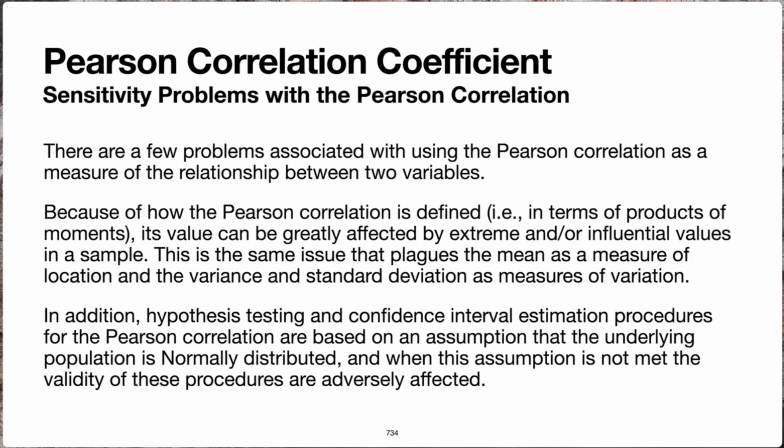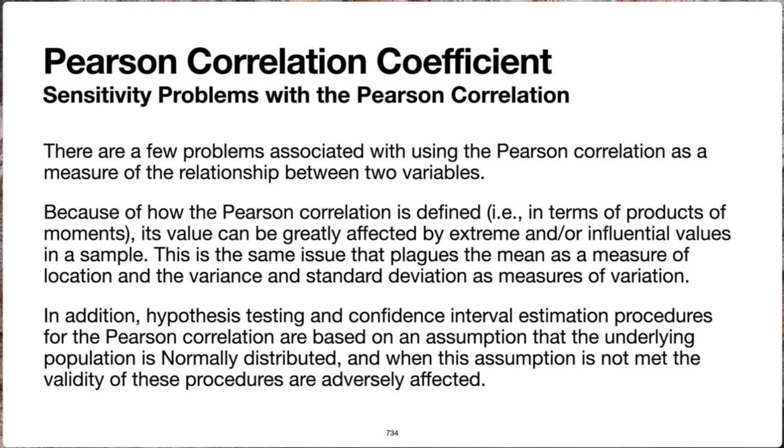You'll recall from your first methods class, when learning about the mean as a measure of location and the variance and standard deviation as measures of variation, that those measures were very, very sensitive to extreme values. If you've got a single extreme value in a data set, that can really impact the mean of that data set. It'll pull the mean in the direction of that extreme value.